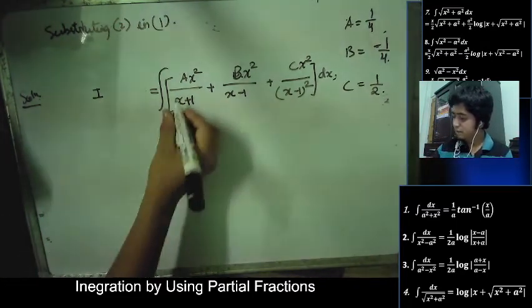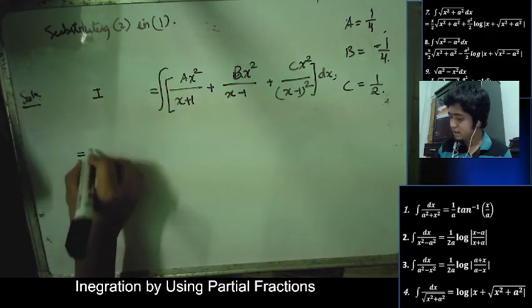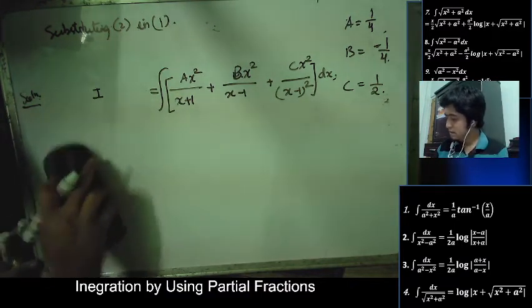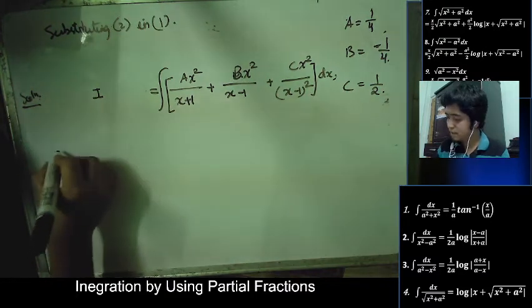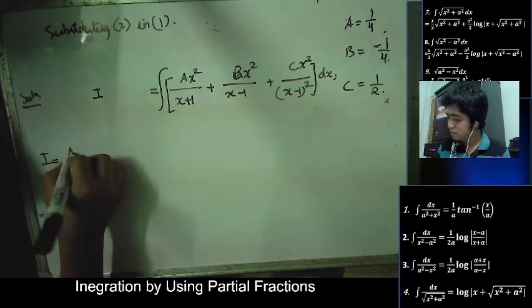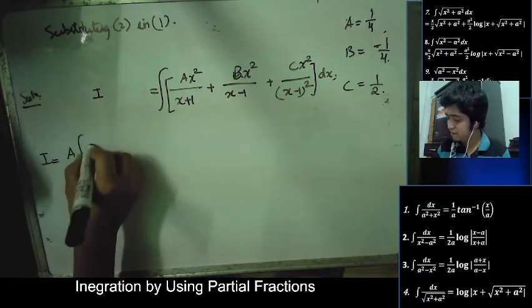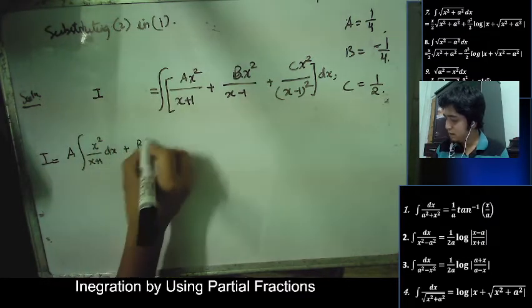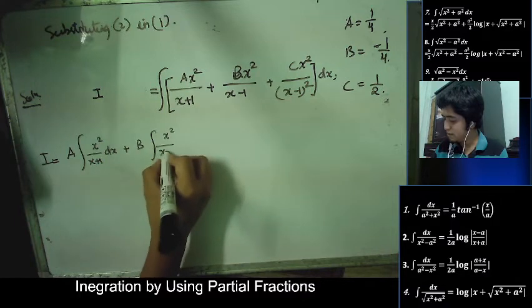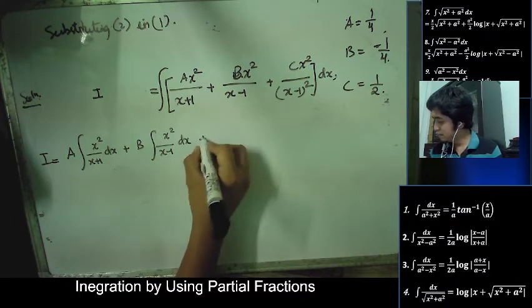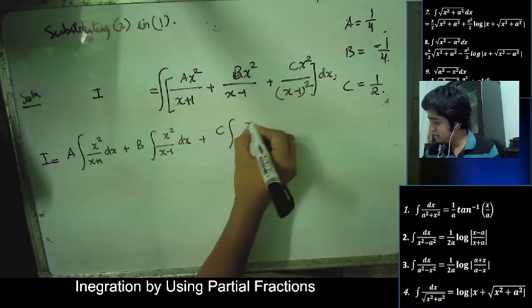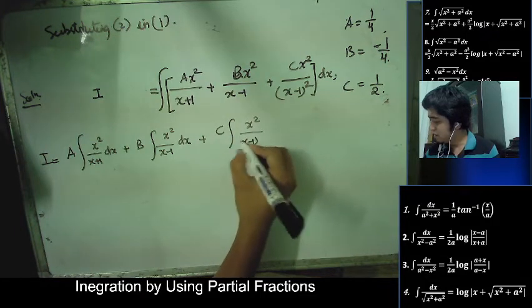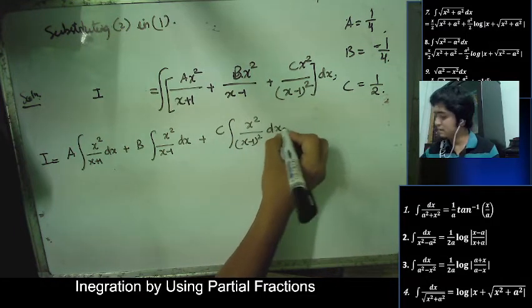So now we can simply write this one like this. The first and the second term won't pose any problem. We will be having x squared by x plus 1 dx plus b x squared by x minus 1 dx plus c x squared by x minus 1 whole thing square dx.